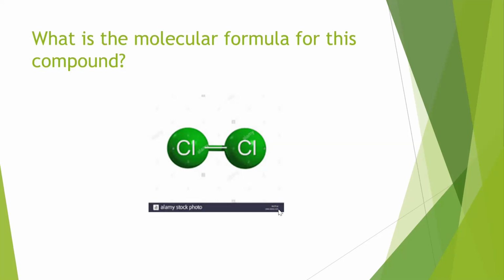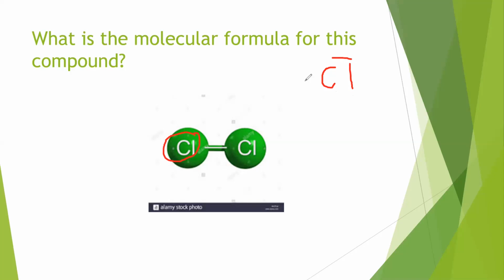I saw a few misconceptions today. The first thing is you have to realize, is this one atom or is it two atoms? Did someone have a question? I guess not. So as you remember, it's two letters because the second letter is always lowercase.